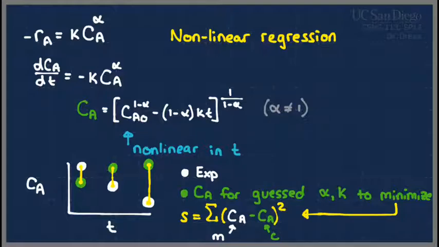It's just you would be minimizing something else, right? Instead of CA minus CA, you would have something like dCA/dt minus dCA/dt. But that approach for nonlinear regression is the same. You're always minimizing something that looks like that parameter there on the bottom. The smaller that parameter gets, the better off you are. So I will just add, smaller is better.